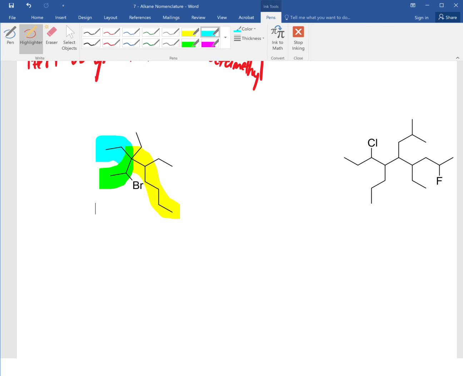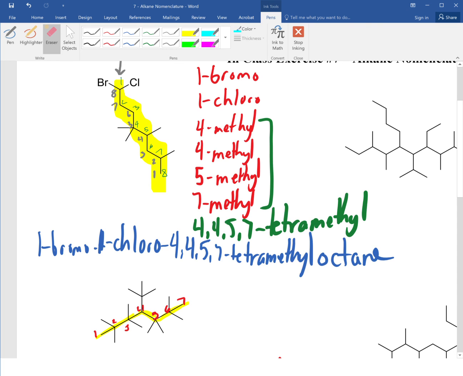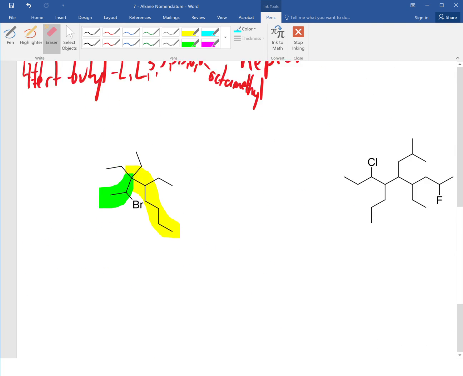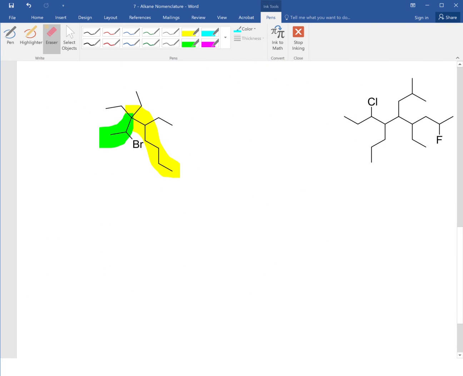And so remember, our tiebreaker is to go in the direction that has more substituents. So that's going to be the path here that goes like this.